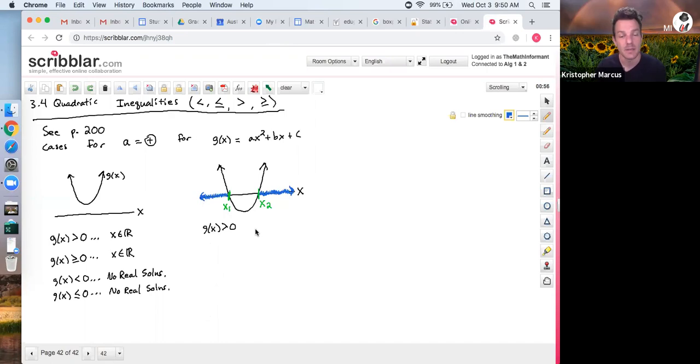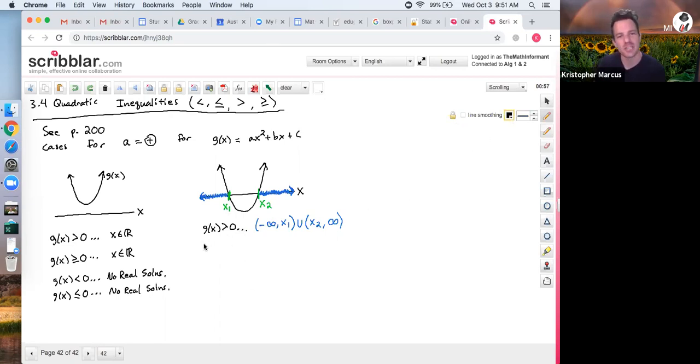What does that mean? The solution would be for this one, from negative infinity up to x1, but not including x1, union that with x2 to positive infinity. So we're writing the blue dashed area, that blue kind of highlighted area, as an interval. That's the solution for being positive.